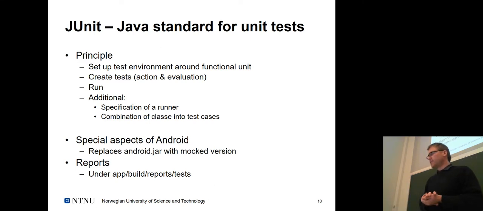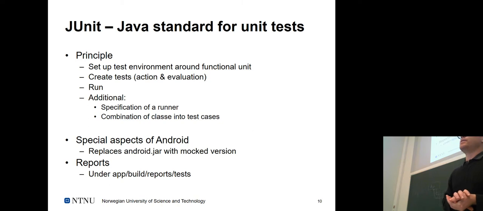If you use Android functionality, it will be dynamically replaced by a mocked version that behaves like Android but is not Android, at least in the unit test case. And the neat part as well, you get reasonably useful outputs as part of the Android Studio environment, which is facilitated by Gradle in this case.